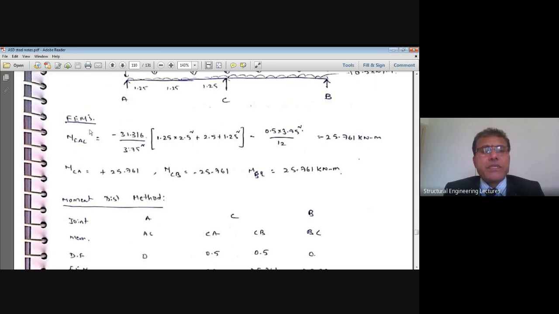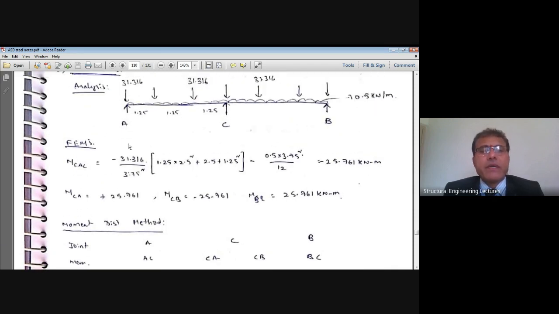Now I'll get the fixed end moments for two spans. It is a two-span continuous girder or beam or bearer. Therefore, the fixed end moment at A in the member AC is given by W1 a b squared divided by L squared, and similarly, because of W2, W2 a2 b2 squared divided by L squared.